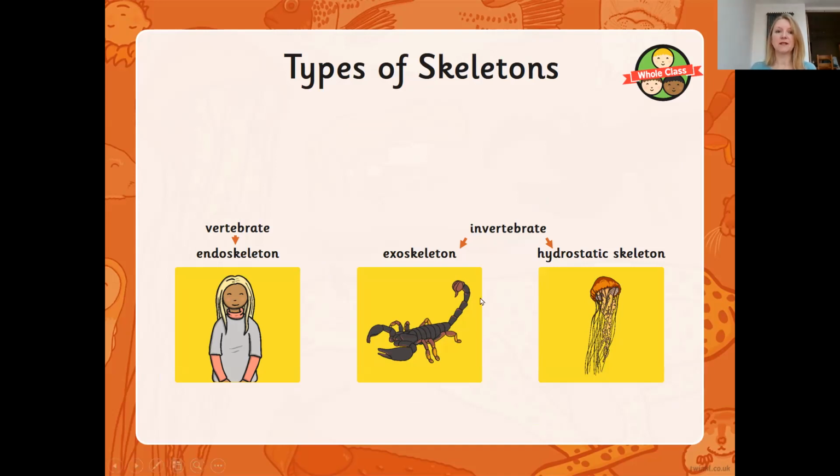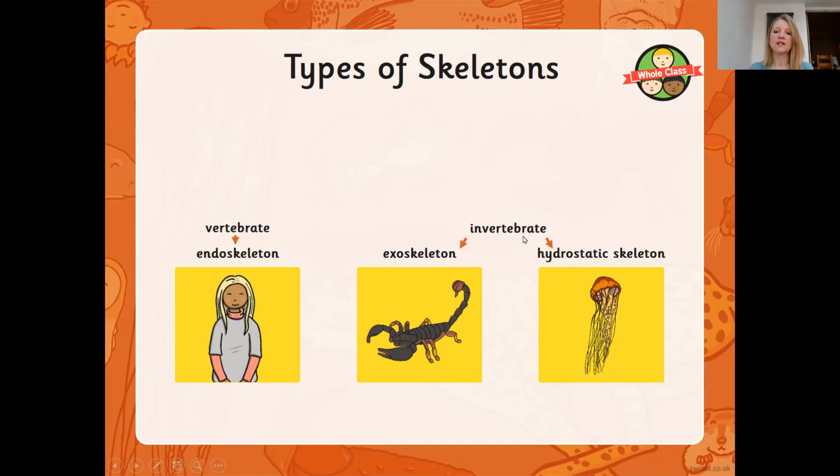Now, vertebrates have something called an endoskeleton. Endo means inside, so an inside skeleton. And invertebrates can again be split into two more groups. Some invertebrates have what's called an exoskeleton. That means the skeleton is on the outside of their body.